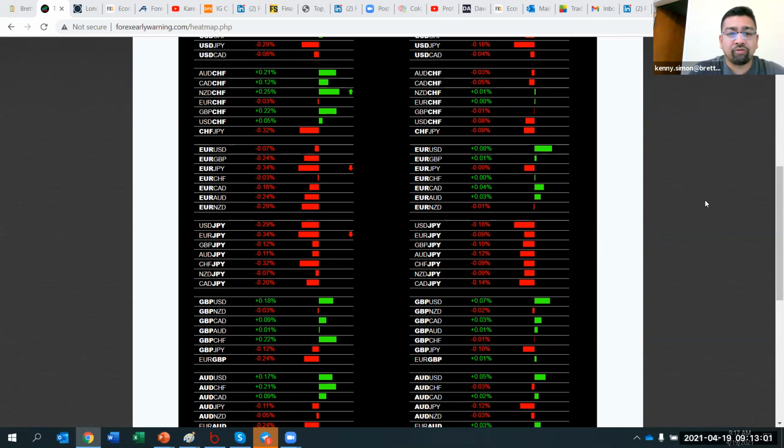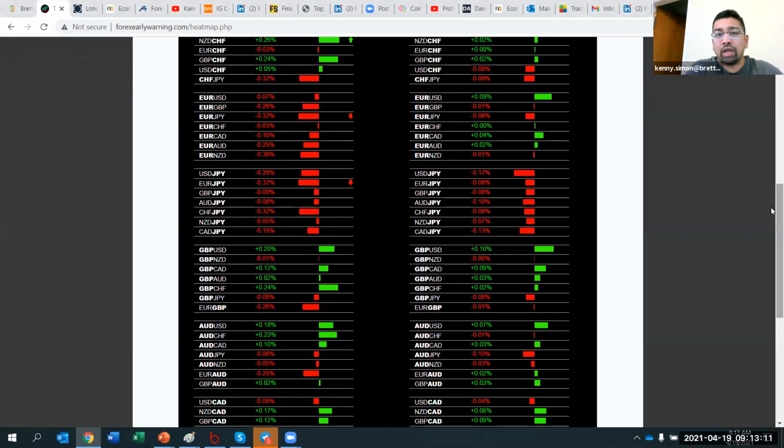We've got some positive numbers in China. So with the Chinese data and upcoming Chinese data expected to be positive, that might reel in some opportunities of buying AUD and NZD crosses.